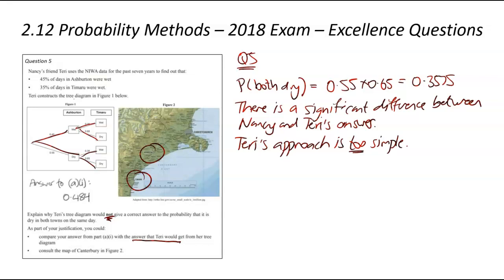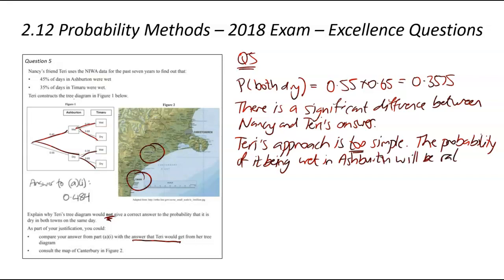The probability of it being wet in Ashburton will be related.